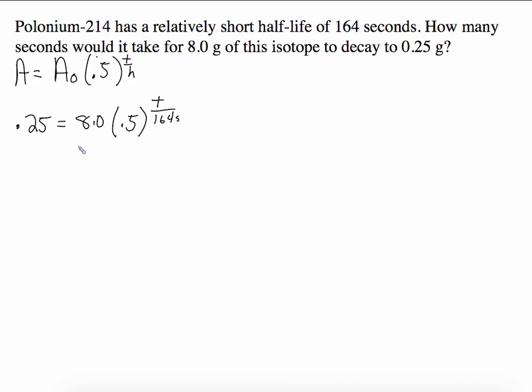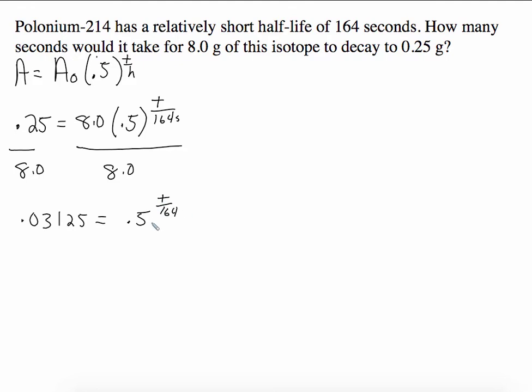First we're going to get this 8 away from the side with all this stuff on it, so we're going to divide both sides by 8. If you take 0.25 divided by 8, it equals something like 0.03125. Now that's going to equal 0.5 to the power of t over 164.